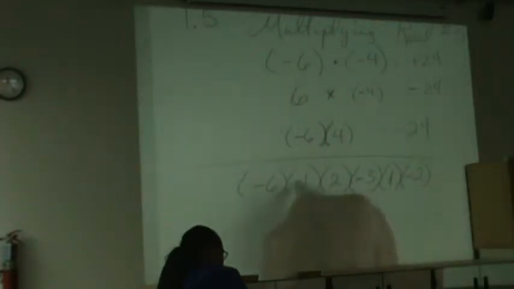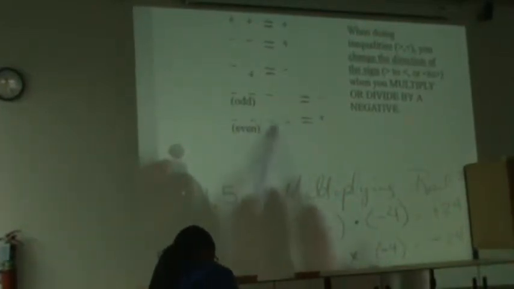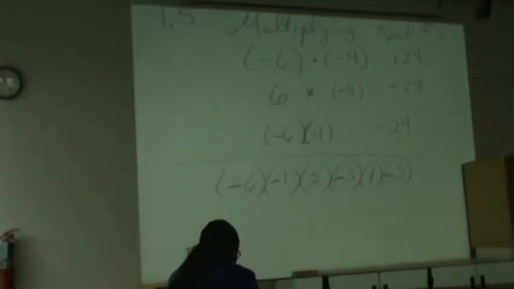Okay, first of all, what sign is your answer? If you have an even amount of negatives, your answer will be positive. Because you can group them into positive times positive, like that. If you have an odd amount, you can make 2 of them into positive, but you have 1 left over. Okay? So if you count up how many negatives we have here, we have 1, 2, 3, 4. It's an even amount. Your answer will be positive.